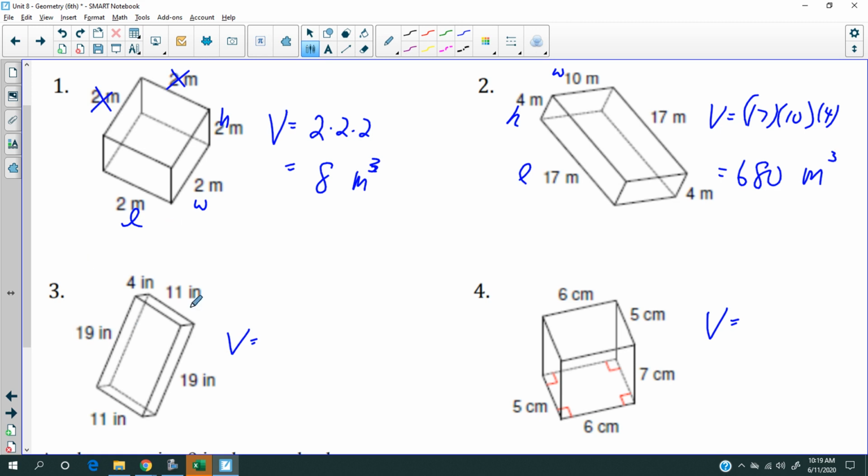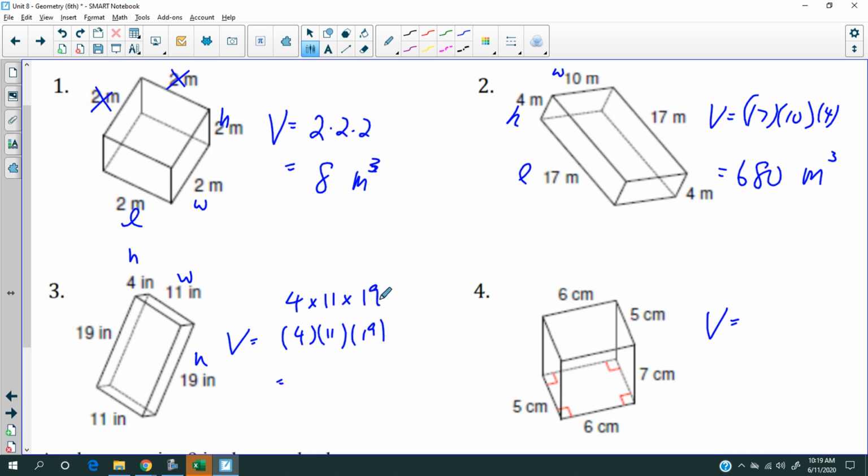Now looking at this one, what is this? That's the length. You see how I have to label it? The width is 11, and the height is 4. So that's 4 by 11 by 19. By the way, when you shop for furniture, they don't write it like this, they write it like this.